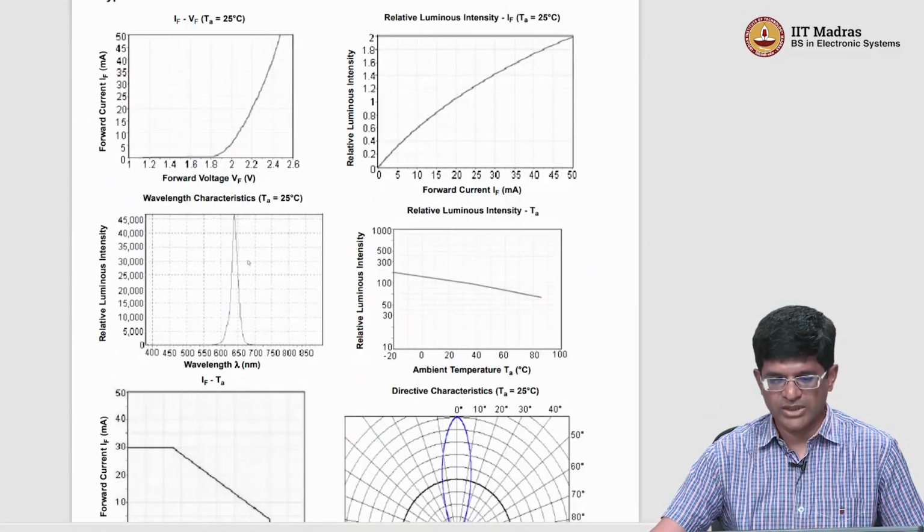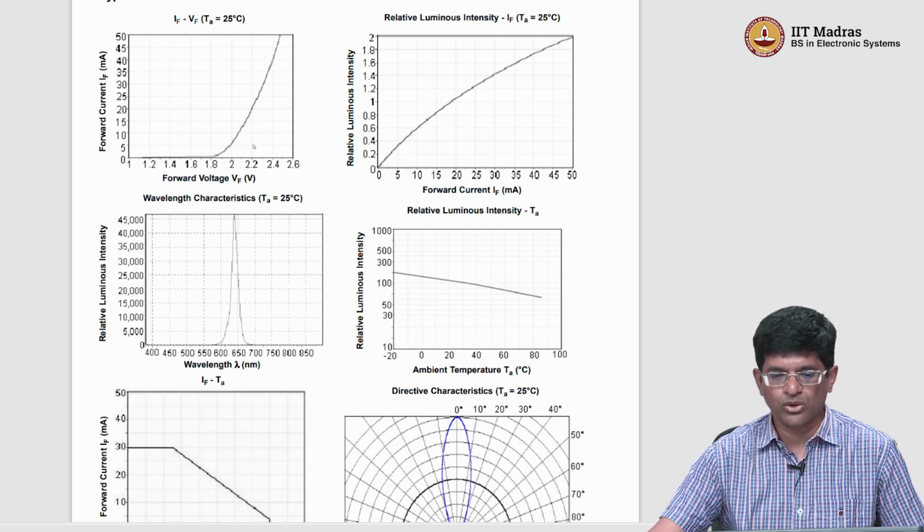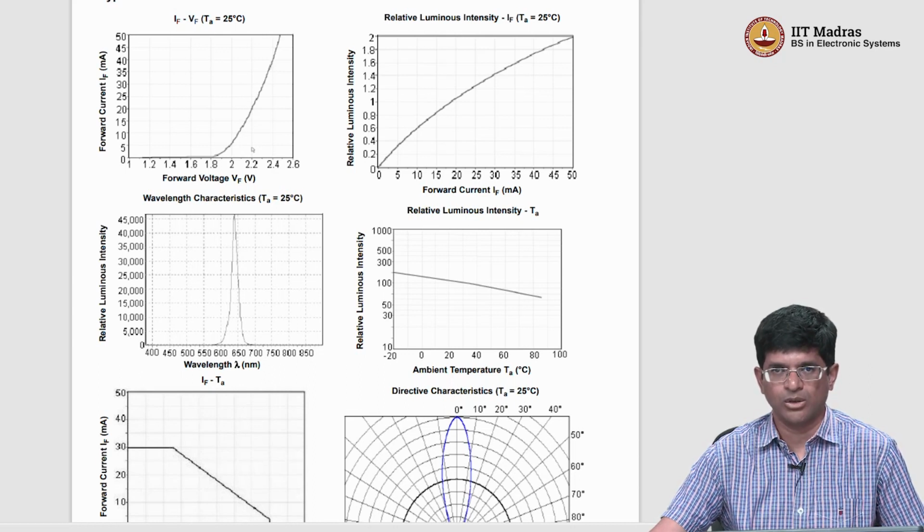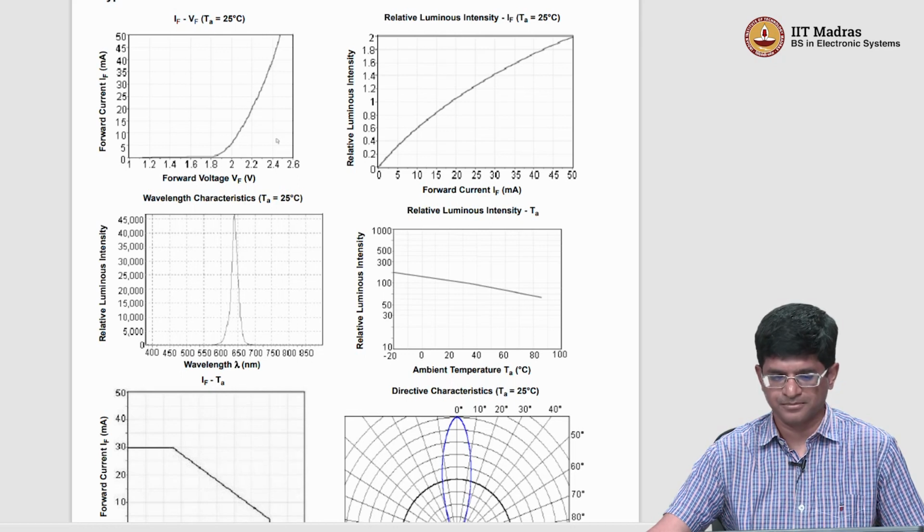Of course, the other interesting thing about this data sheet is that it also gives you the actual diode characteristic, which tells you why 20 milliamps at around 2.2 volts of forward voltage is what it is nominally expected to operate at. As you go to 2.4, 2.6 volts, you have gone above 50 milliamps, and that's most likely going to start damaging your system.